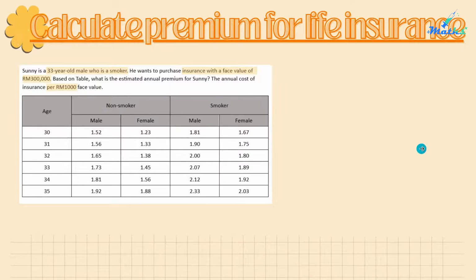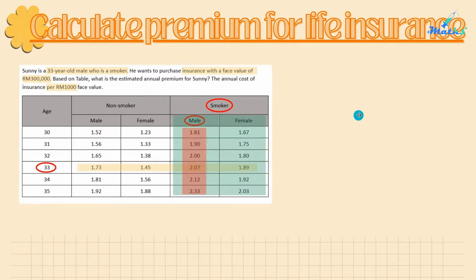Let's calculate the premium. Before we calculate, let's find the rate. Sunny is 33 years old, so we need to find 33 here. Here is the range for 33 years old. He is a male and a smoker, so the range is here.